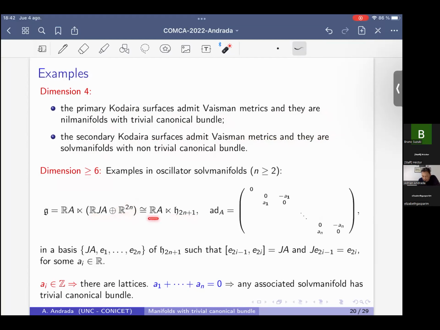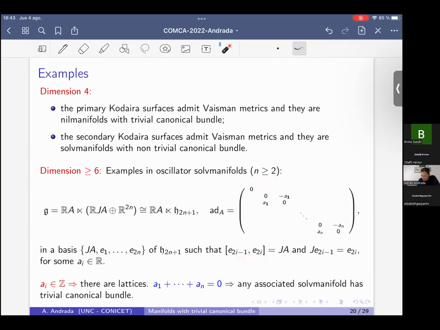And then we can act on the Heisenberg with the exterior element with this matrix, where the first one is the element which is J of A, and all the other parts are given in a basis e1 to e2n, with these relations.